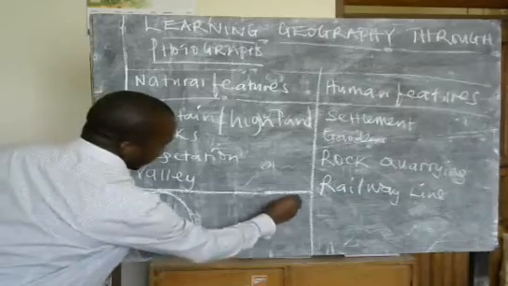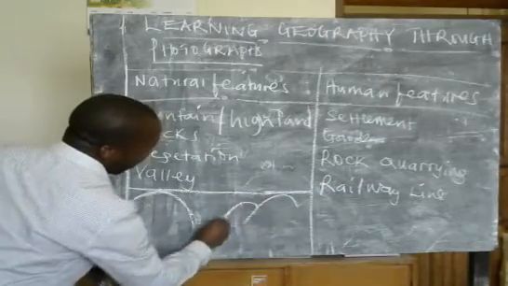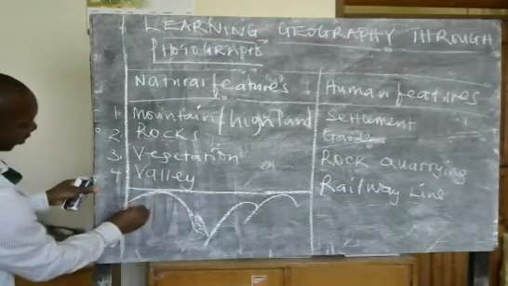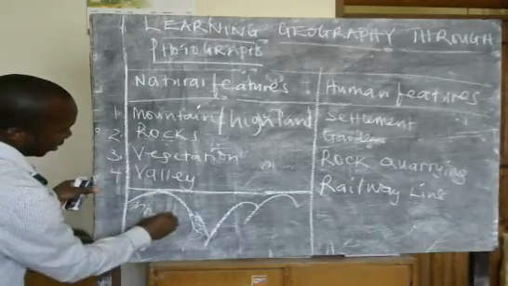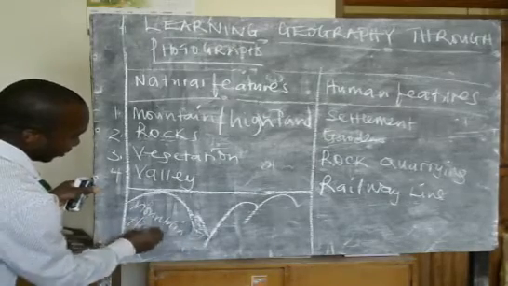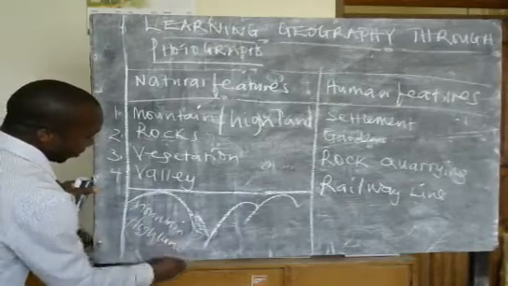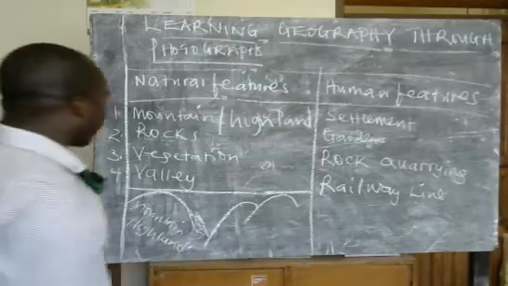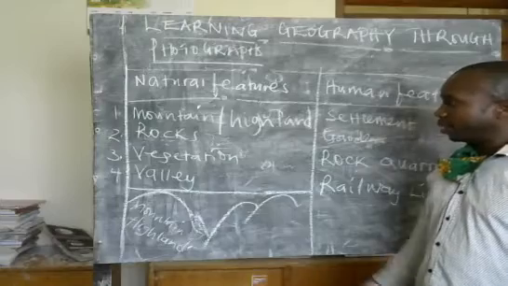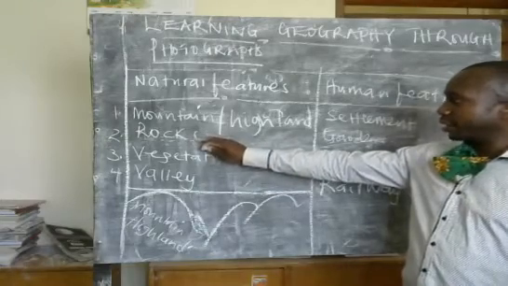Even this side, a mountainous area and another mountainous area. So this was our mountain. You may call it a highland. Then, in the middle of the photograph, there were some rocks.